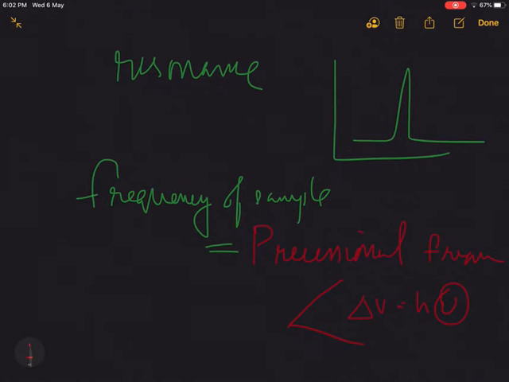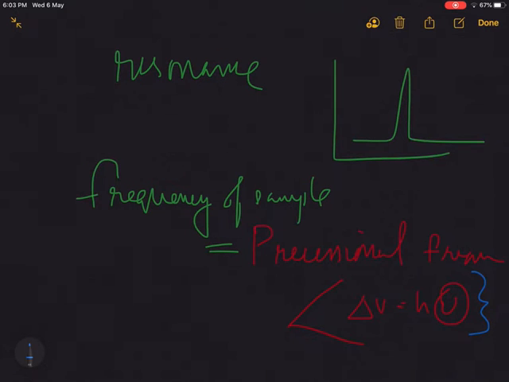Then what is resonance? When the precessional frequency of the sample is identical with the frequency of the instrument, only then is there resonance. The instrument has a constant frequency, but the precessional frequency of the sample varies. It varies by changing the magnetic field strength of the instrument.